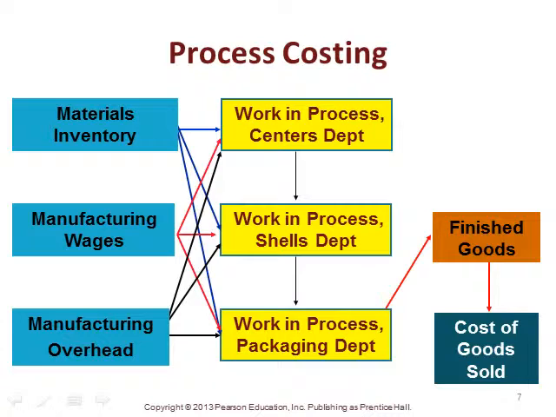And you can see our costs make up our materials inventory, which go into each process. Our manufacturing labor cost or manufacturing wages are sent to each process as the product moves through these departments, and then manufacturing overhead follows those two as well. But keep in mind that the costs always follow the physical movement of the product.